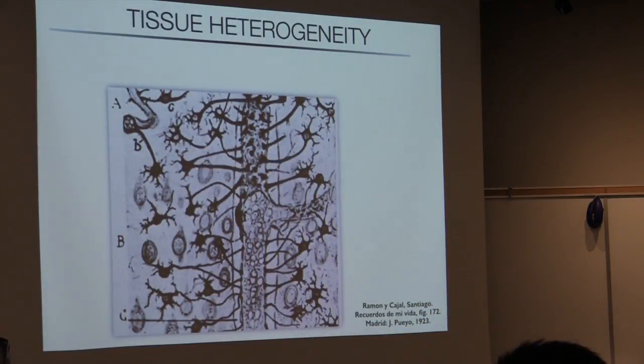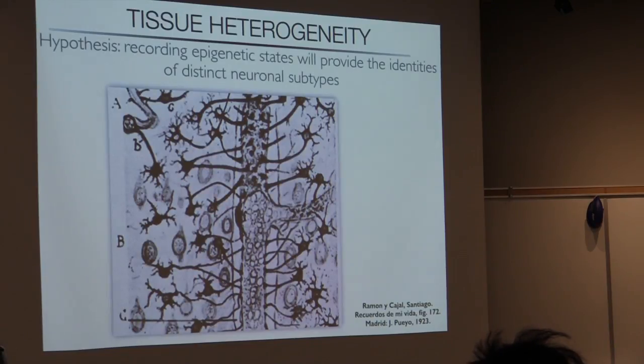So the challenge for a tissue like the brain, and this is a classical image from Cajal, from a sparse silver staining method, is that there's a huge amount of diversity of cell types. One of the things that we've worked on is trying to purify different cell populations and ask the question: is a neuron a neuron, or do these neurons have different states that you can classify?